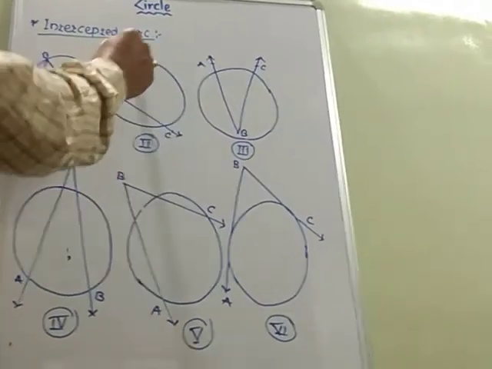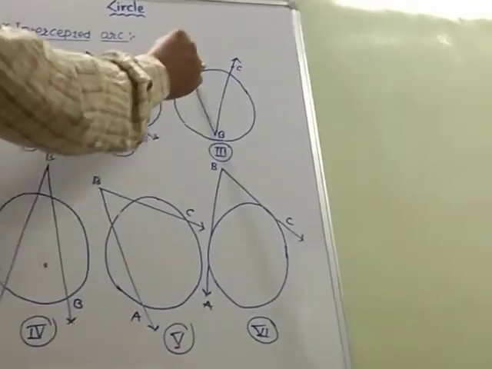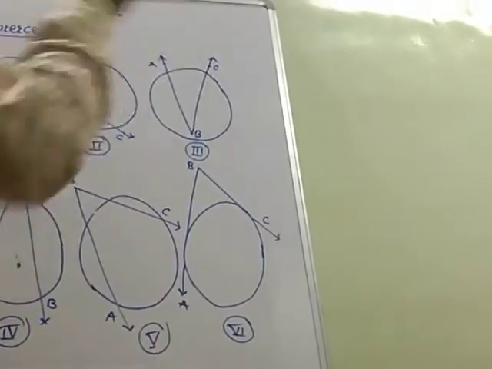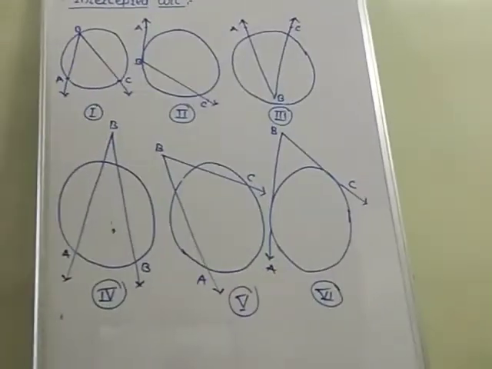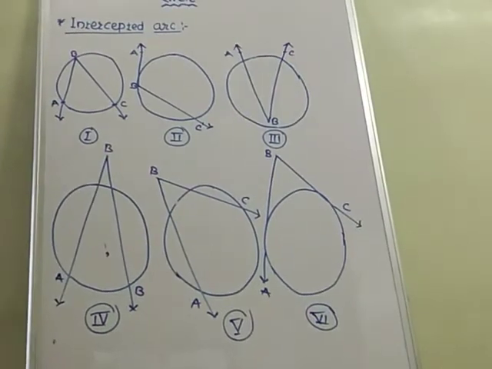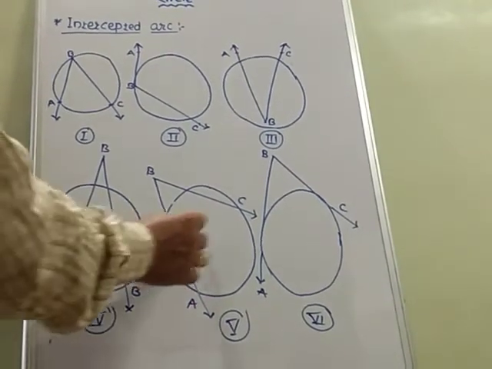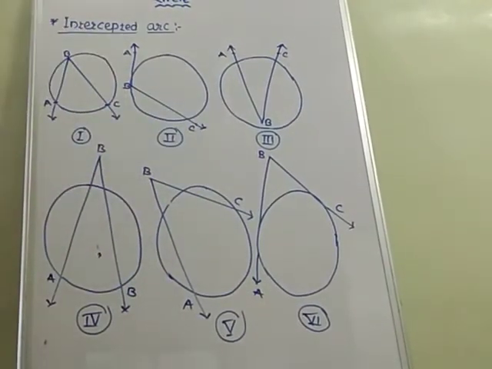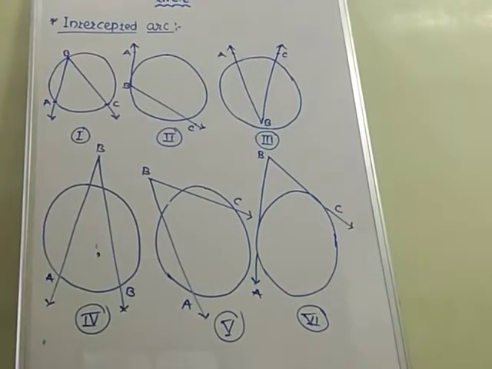But in figures 4, 5 and 6, two arcs are intercepted by that angle. Two arcs.